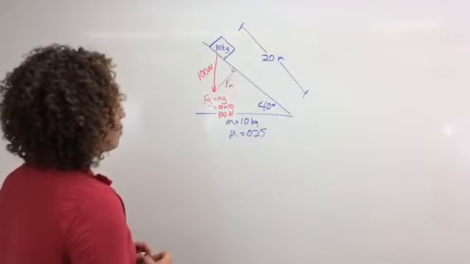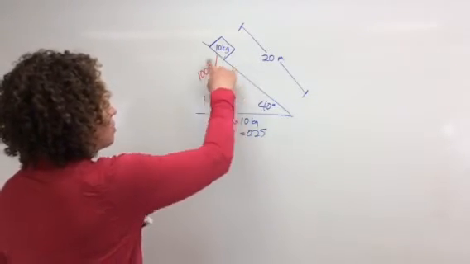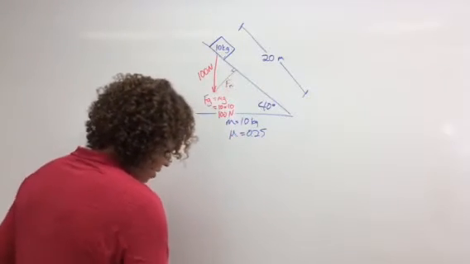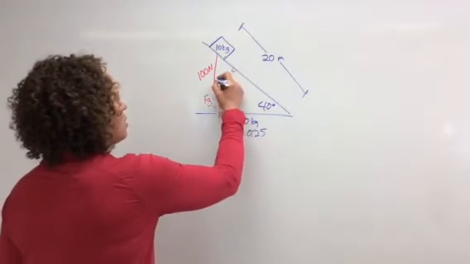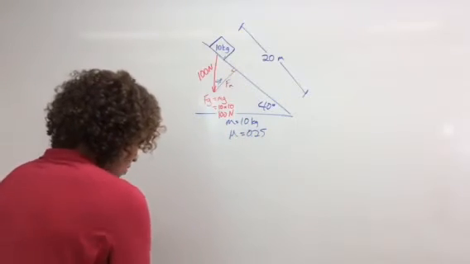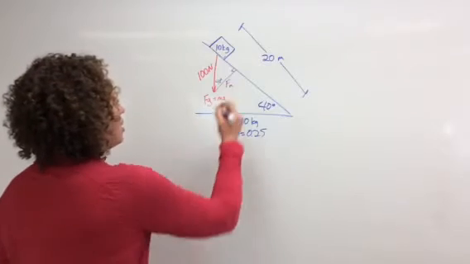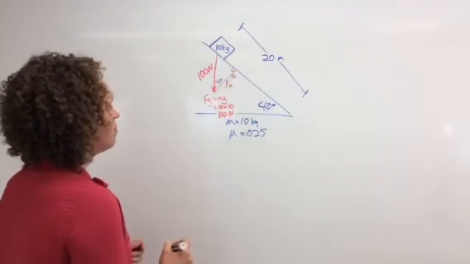So my normal force is going to be this side of this triangle. And I remember that I've got 40 degrees here, so I can put that 40 degrees in there. Normal force is going to be the adjacent side.